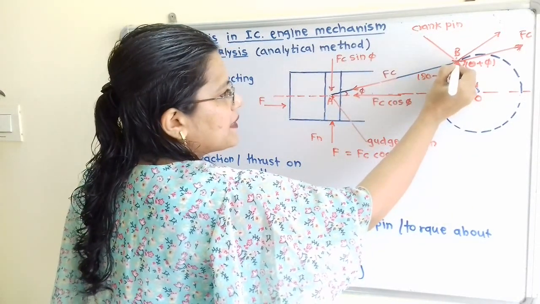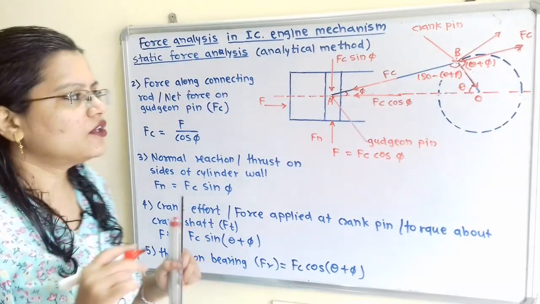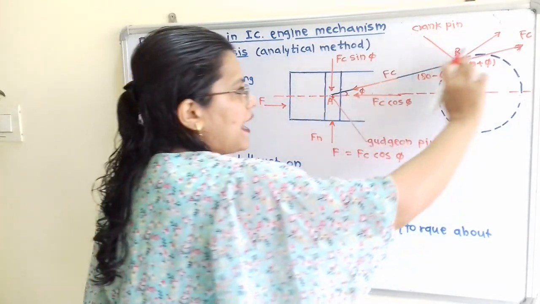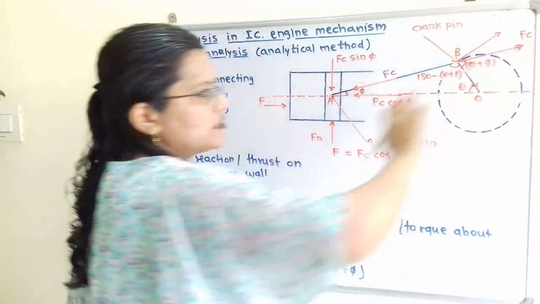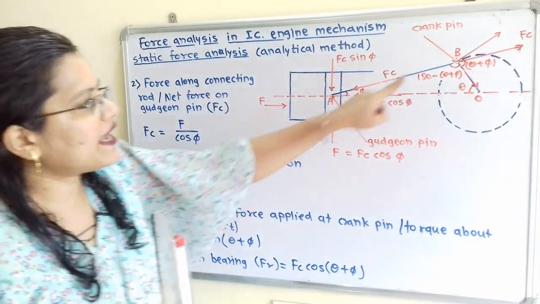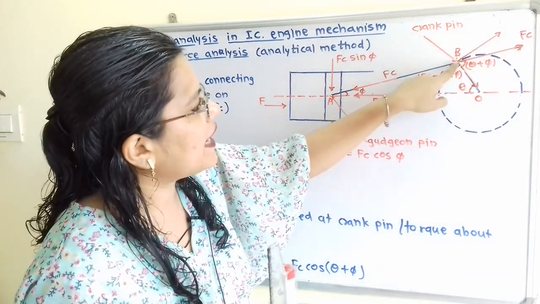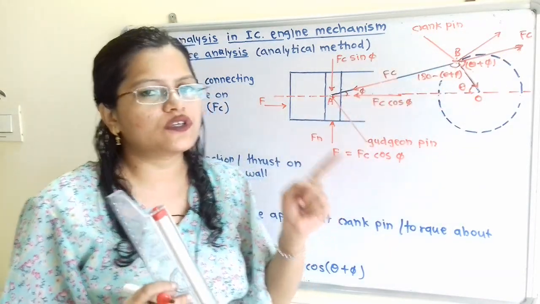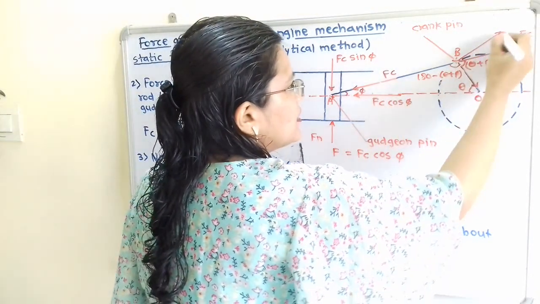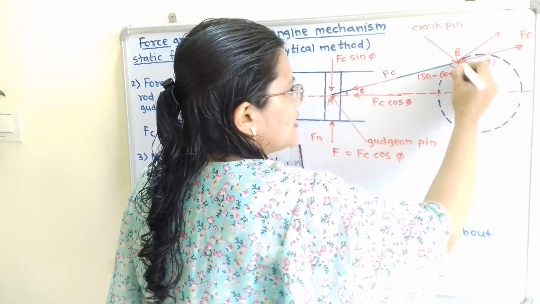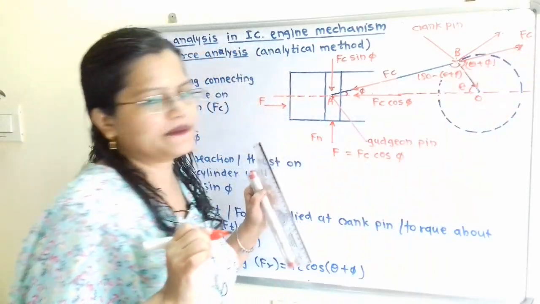So this crank pin is at point B. So along the same line of connecting rod we have to show Fc, but in opposite direction. Now we have to resolve this Fc at this crank pin into horizontal component and vertical component. So these are the components that we have to show for this Fc.